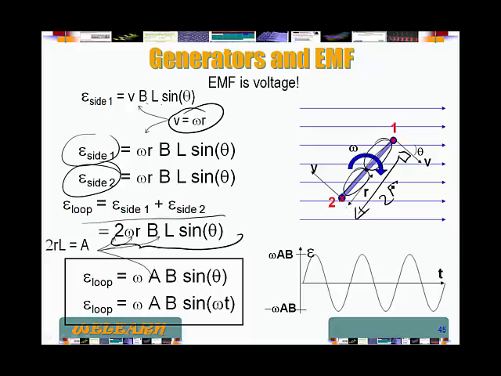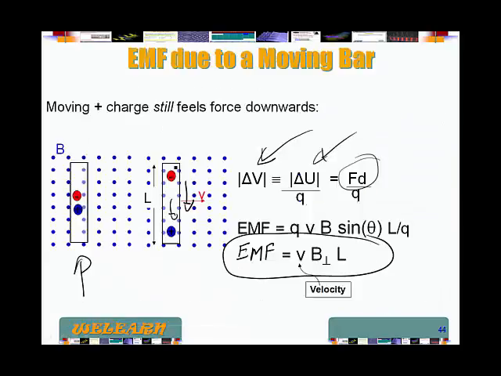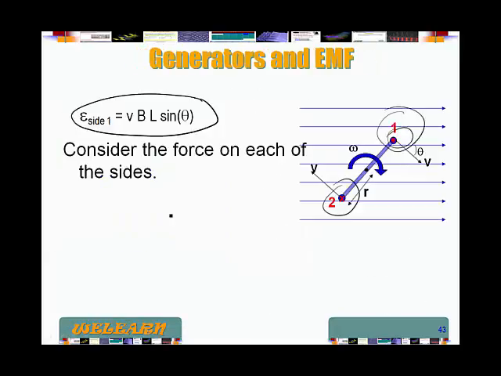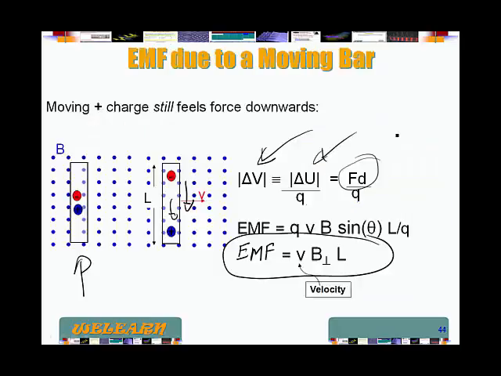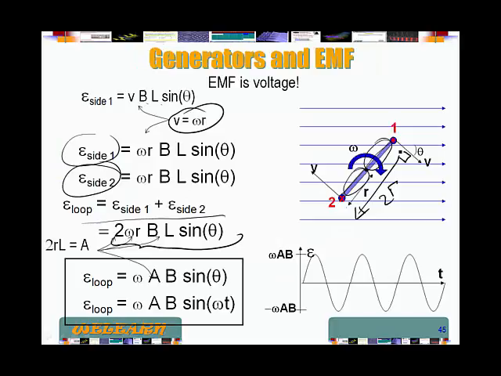And L, remember, it's referring to the length of the wire, which is in this case the length of that full side. The length of that side times this side, which is twice R, is the area of that loop. So that's why we can write here twice R times L is equal to A.